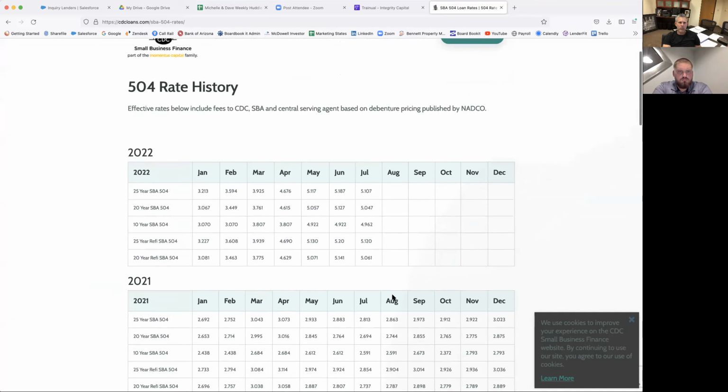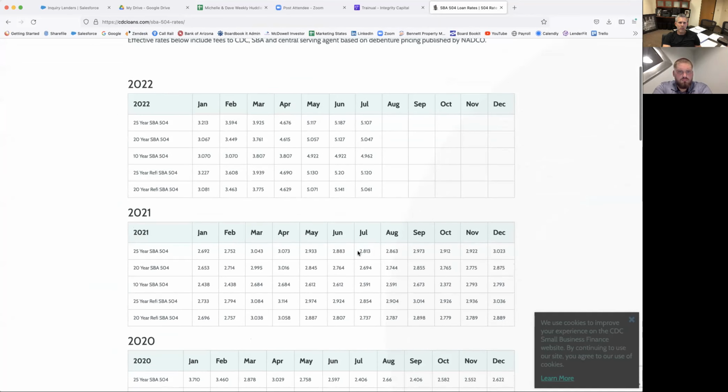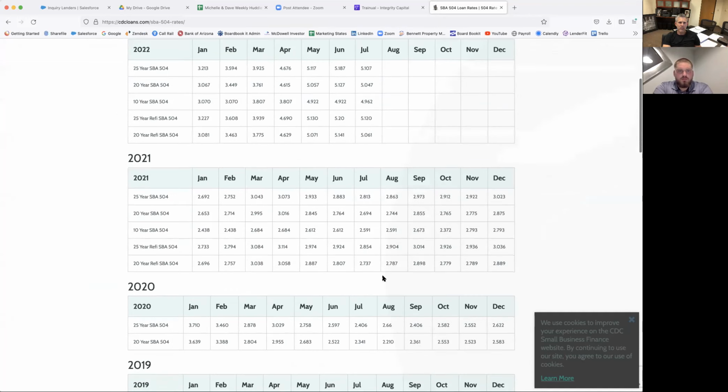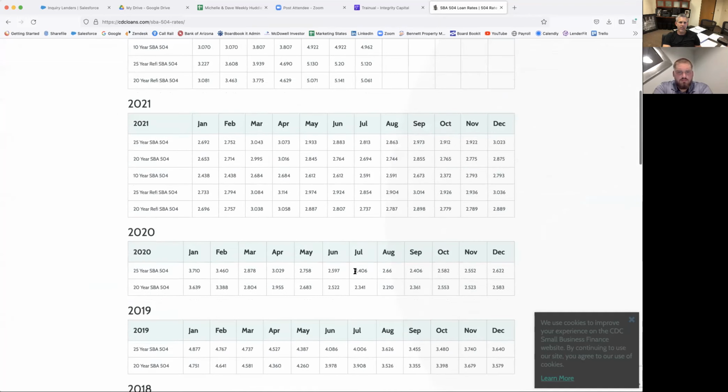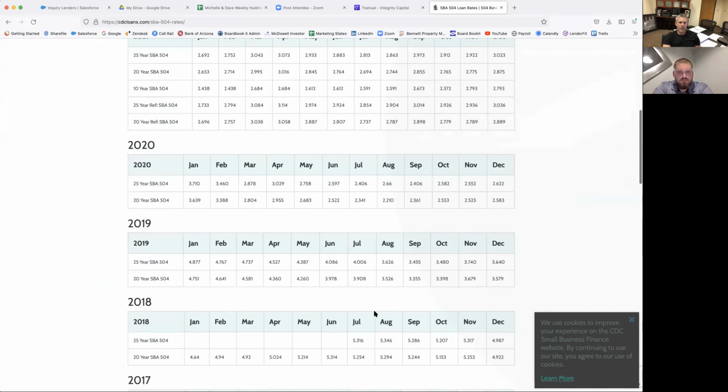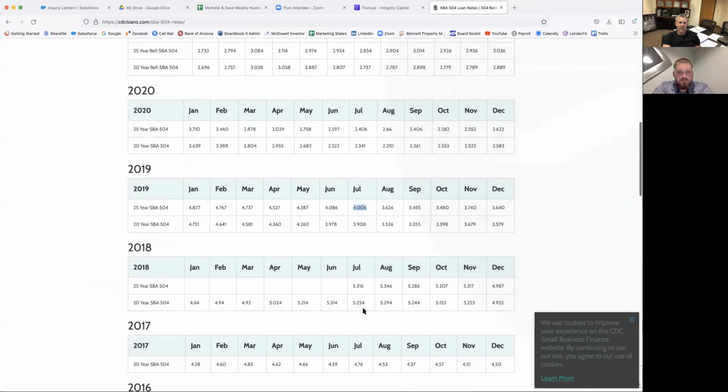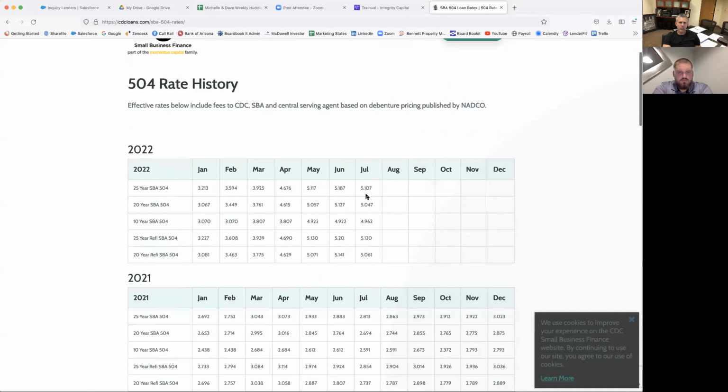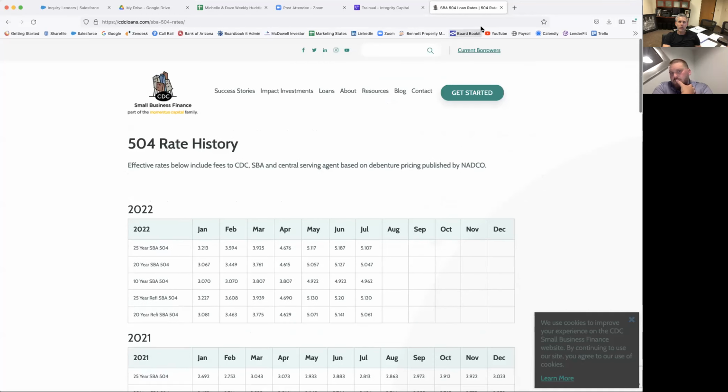Look at what it was in 2021. Wow. Pretty big difference, huh? That is a big difference. 2020. All right, look what it was in 2019. So a dramatic change. Those are published daily, or I should say monthly, but they will tell you kind of what it is, and then you know what your rate is.